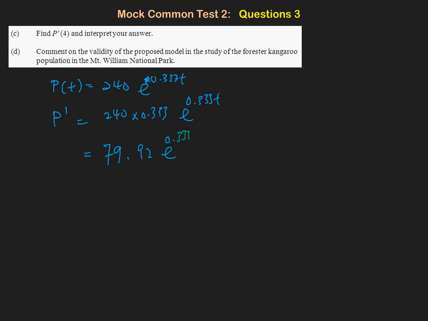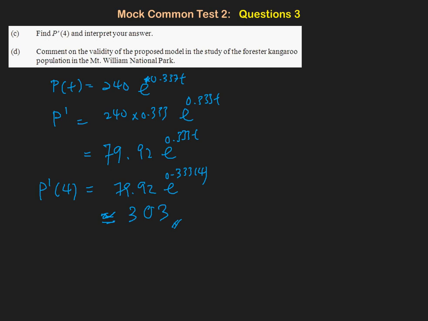So when t is 4, that would be roughly 303. Okay. Now what does this number mean? This is a rate of change of population with respect to time.